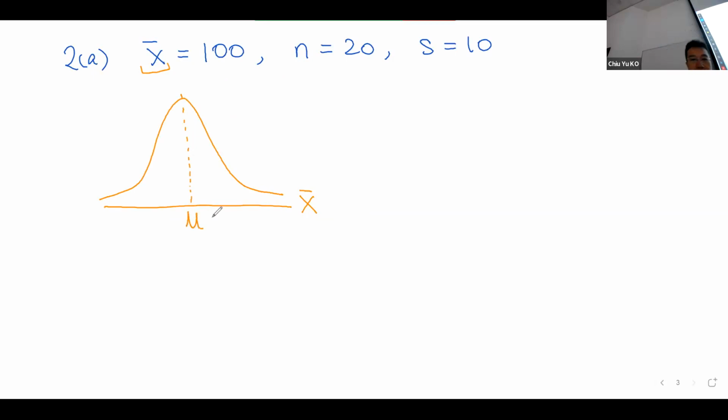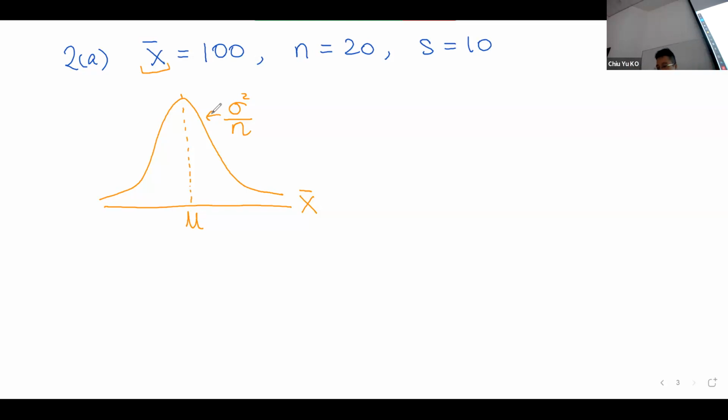But if I have sigma, then I know the shape of the sample mean. It depends on the number of data points, N: the bigger the N, the more squeezed it is. That's something we know.